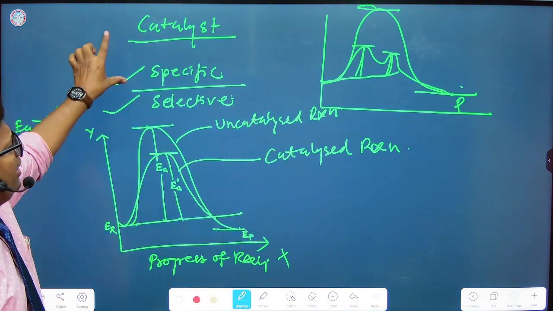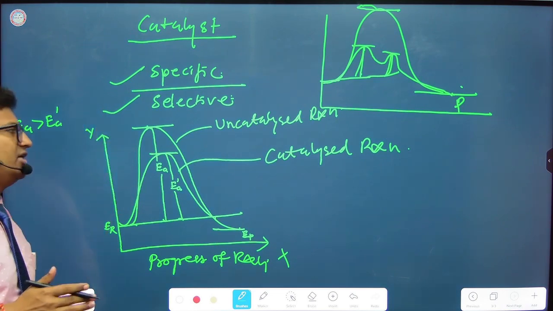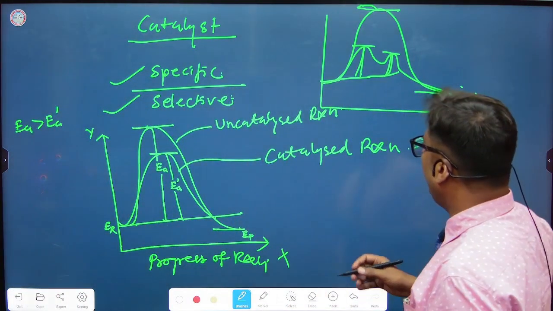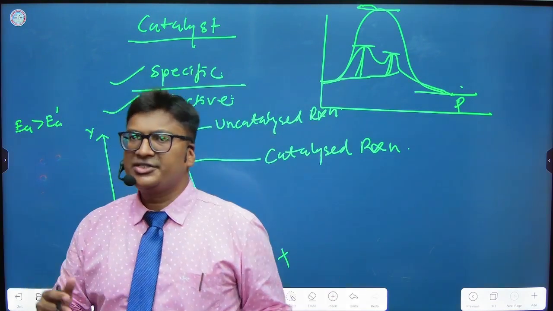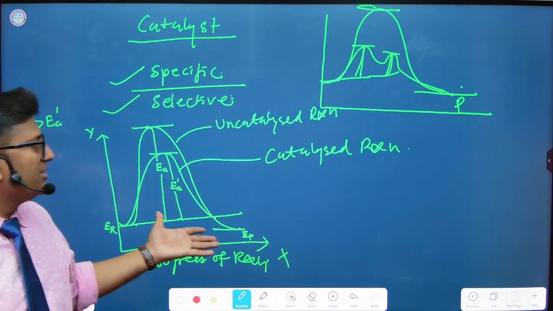So catalysts have a tendency to reduce the activation energy of reactant molecules. And if the reaction is reversed back into reactants, then the activation energy is required accordingly.